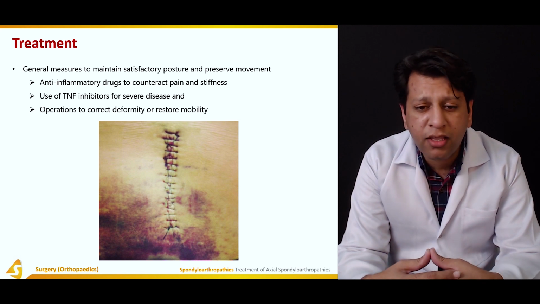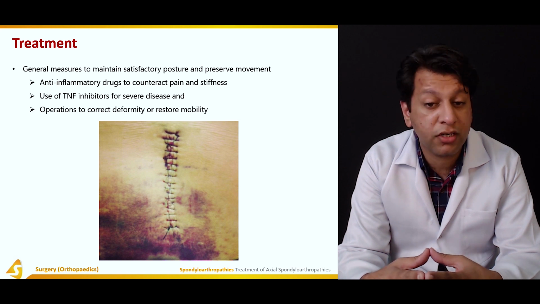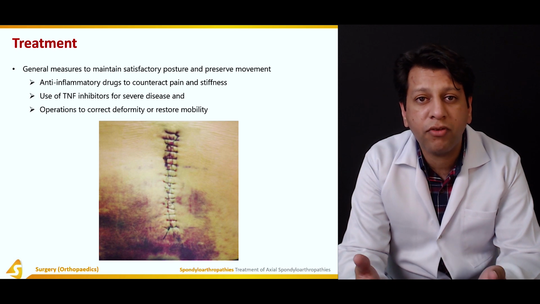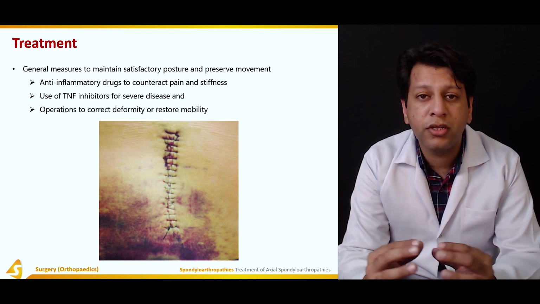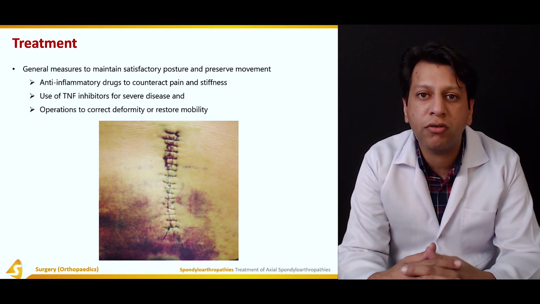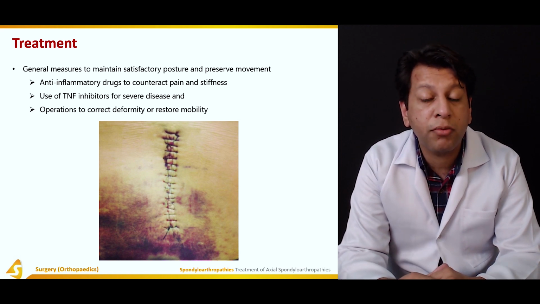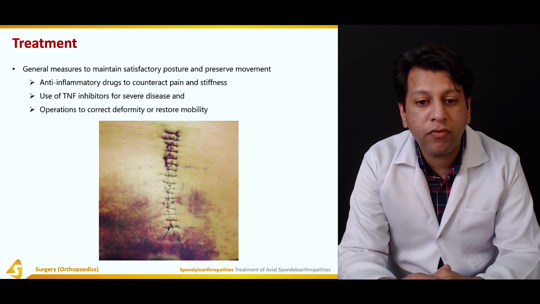Then coming to the drugs, especially tumor necrosis factor inhibitors, that has been shown because these are usually HLA-B27 involved. There is some degree of genetic component as well, and then there are cascades of these factors which are involved during the pathogenesis of the disease. Therefore, use of TNF inhibitors has helped to reduce the severity of disease.